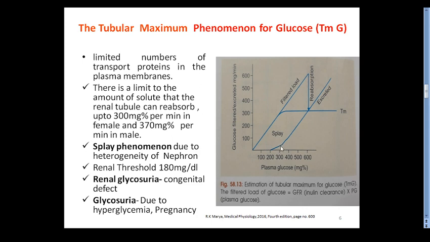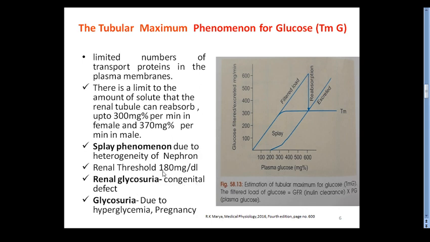And when it reaches beyond 300, or 370 in male, reabsorption completely stops. Again there is a linear relation between the excretion of glucose and the filtered load. The glucose does not get reabsorbed beyond that, and it is passed into the urine. This curve is called the splay phenomenon, and it is because of heterogeneity of nephrons. All the nephrons do not get saturated; a few of them are still working to reabsorb the glucose.